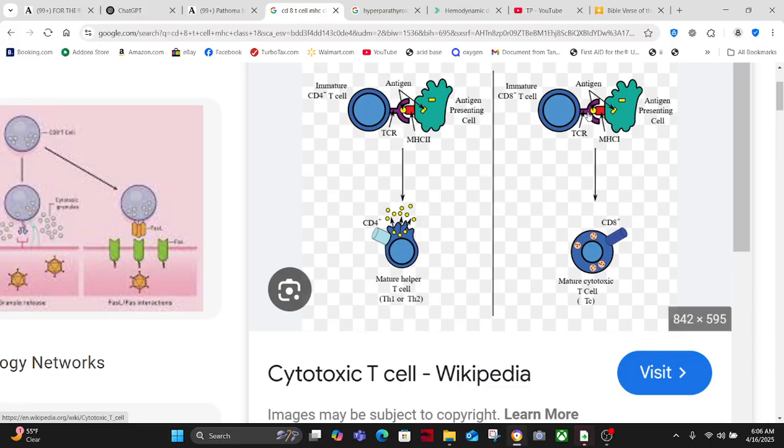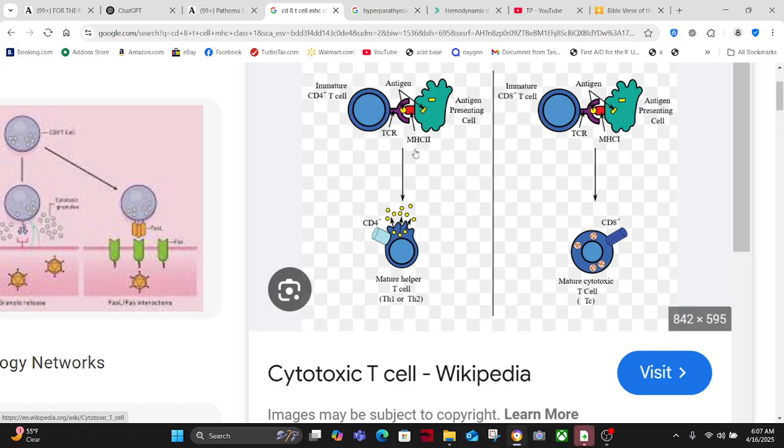So think of CD8 like there is a rule of 8. 1 times 8 is 8, 4 times 2 is 8. So MHC class 1 presents the antigen to the CD8 positive T cell. 1 times 8 is 8. Think of it that way. And this deals with viruses.